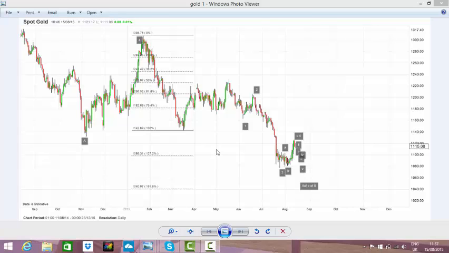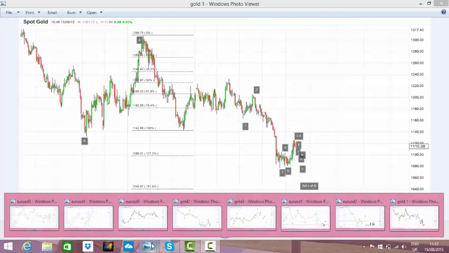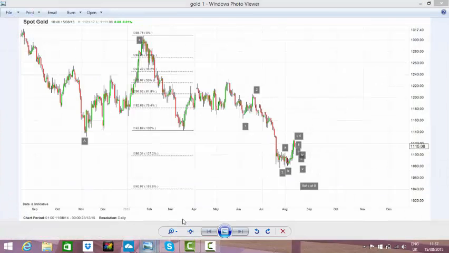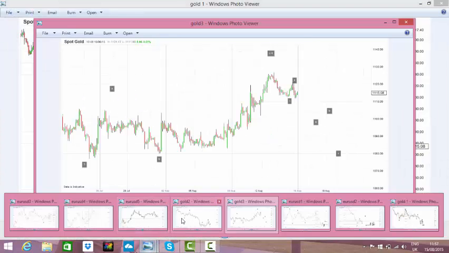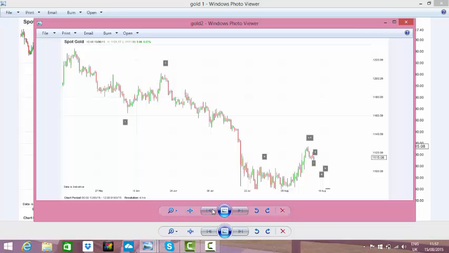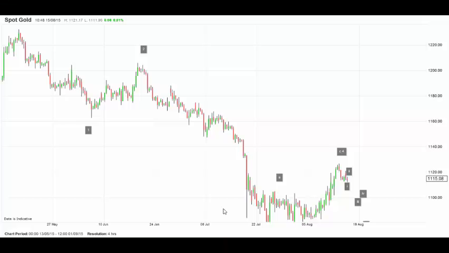Let's zoom down a bit closer and see if we can figure out the muddle of what's happening right now. Now, this would be the C wave coming off our B wave high of the overall three wave expanded flat correction since our 1132 low.